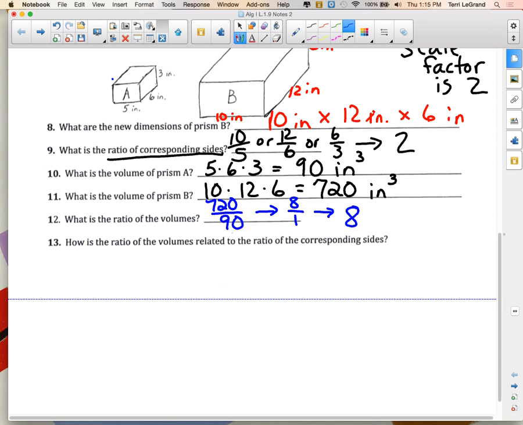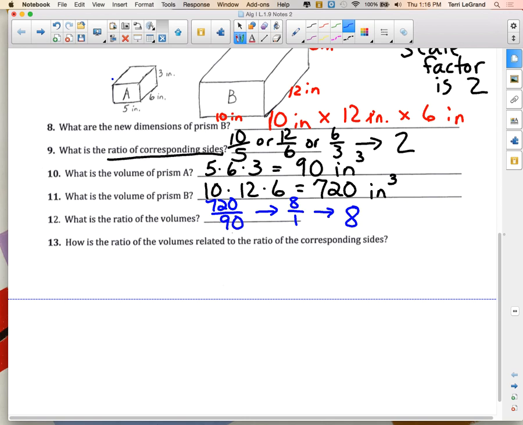So Corey says, then when we want to answer that next question, how is the ratio of volumes, which you got 8, related to the ratio of corresponding sides, which is what again? The scale factor, which in this case is 2. What relationship does 2 have to 8? Can we agree with Corey that it's the scale factor cubed, 2 to the third power? 2 times 2 times 2, is that 8?